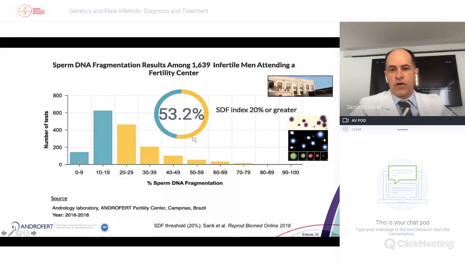I have about 53% of patients seen with sperm DNA fragmentation index of 20% or greater. If I exclude the gray zone, I will have about 25% of my patients with high DFI. Again, this is a referral center for male infertility, but it stresses the importance of sperm DNA fragmentation for infertility patients.